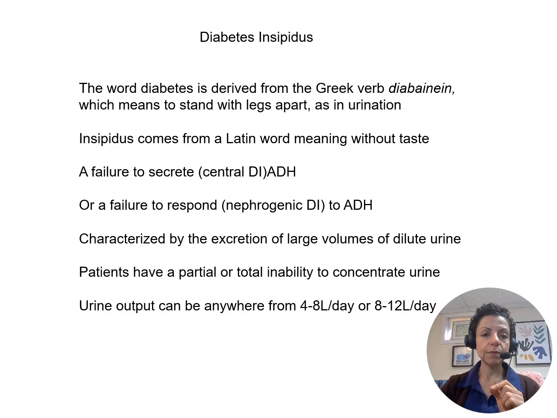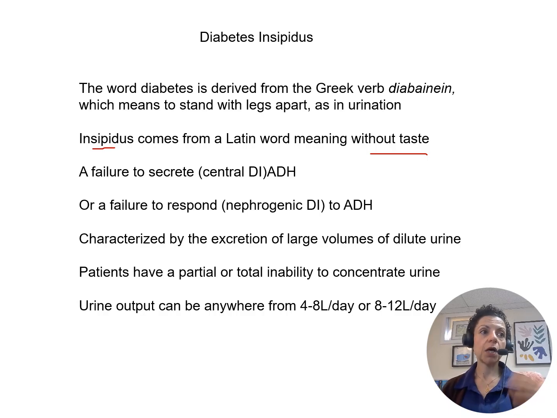Now the word insipidus comes from a Latin word which means without taste. This is a bit of disgusting history, but way back when, before we had LabCorp or Quest, there's a long ancient history of urinalysis, and part of urinalysis used to be to taste the urine sample.